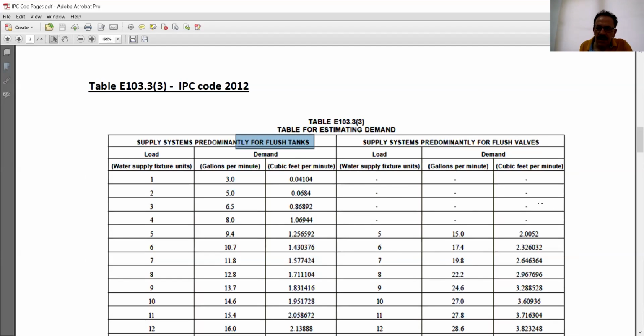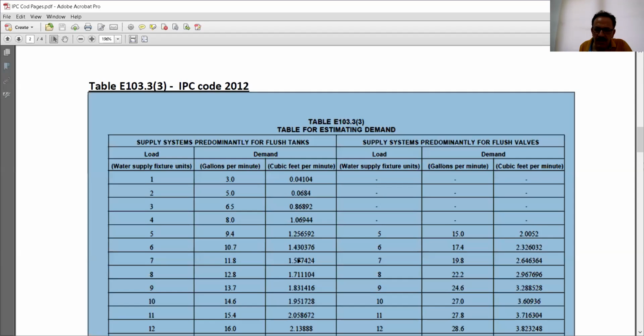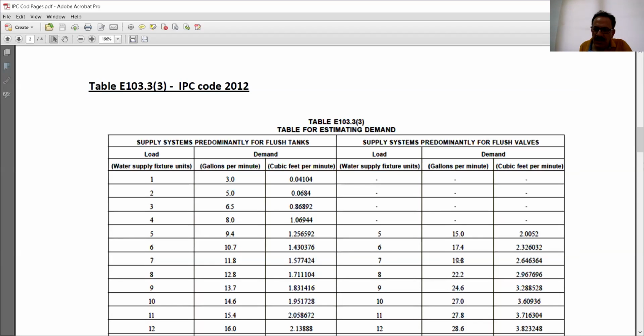So in my case, if I'm in an apartment and it has no roof tank, and the total load was 7, then I will go with this 7, but I'm not using this demand. I will use the demand here, which is equal to 2.646.